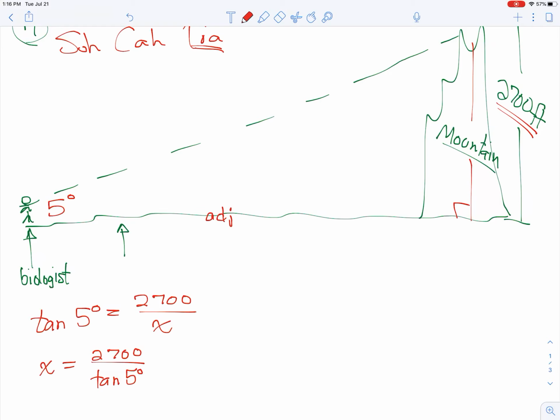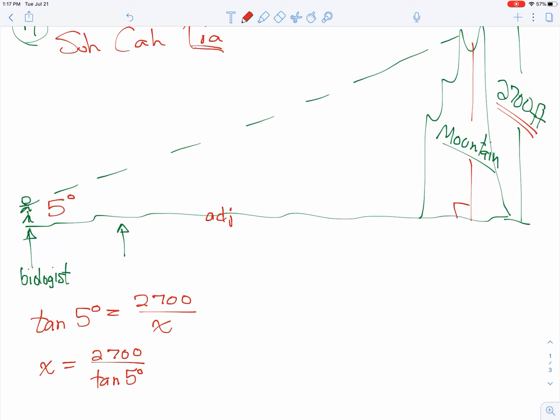Now let me check and see if you got 234.9. I think it's going to be a lot more than that, right? So 2,700 divided by tan 5. Let's see, that didn't work.